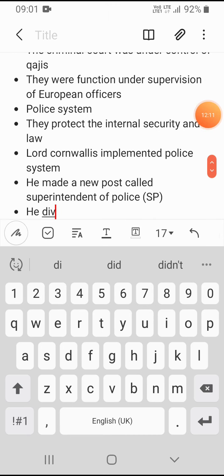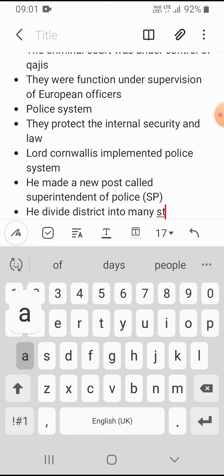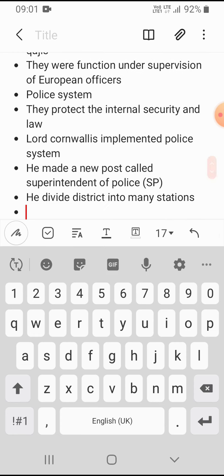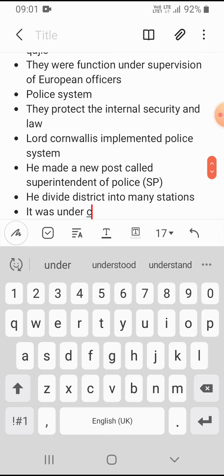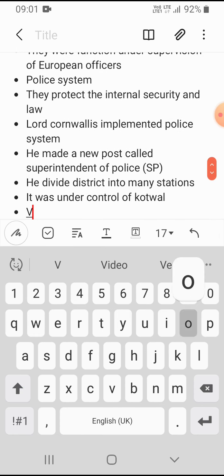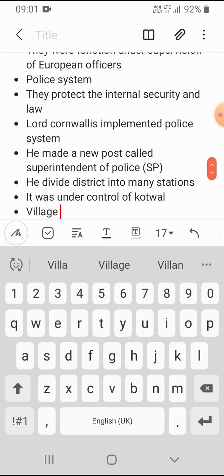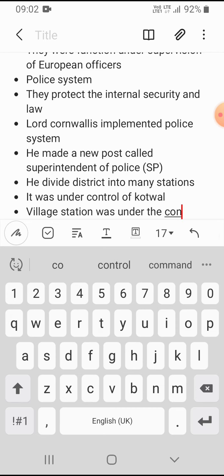He divided each district into many stations. The district stations were under the control of the Kotwal, and the village station was under the control of the Chokidar.